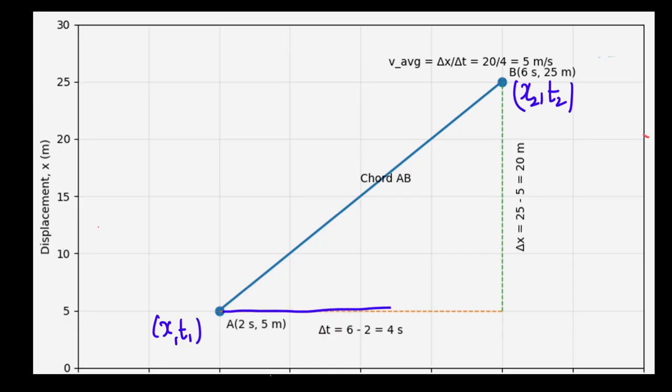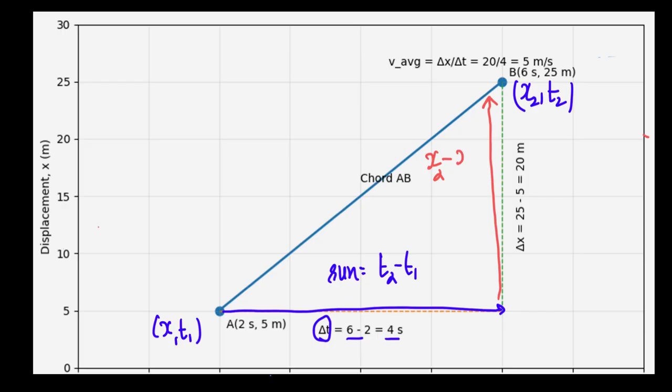What is the run here? The run here will be equal to t2 minus t1, which I have written as delta t here, which is 6 minus 2 equal to 4 seconds. What is the rise here? It is x2 minus x1, which is, what is x2?